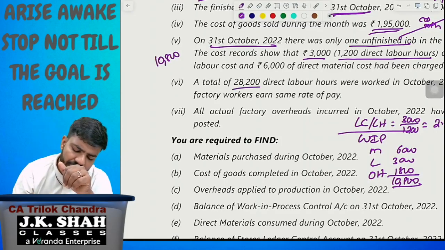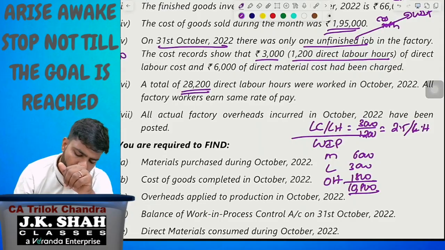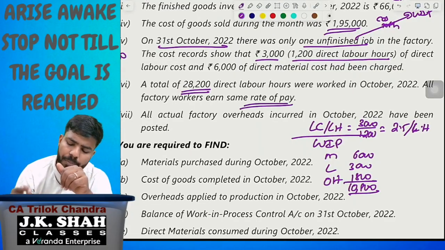Next, point number 8. A total of 28,200 direct labor hours were worked in October 2022, and all factory workers earn the same rate of pay.